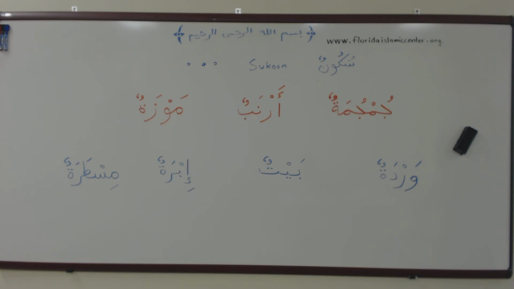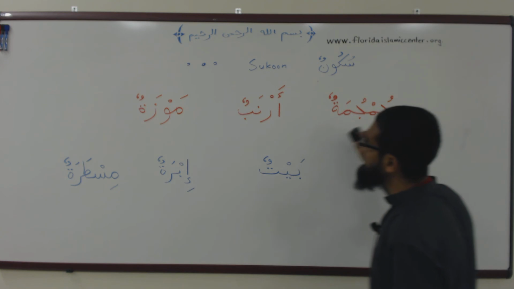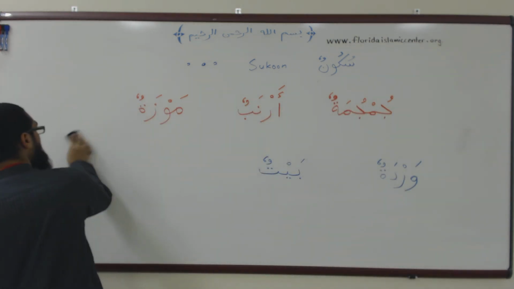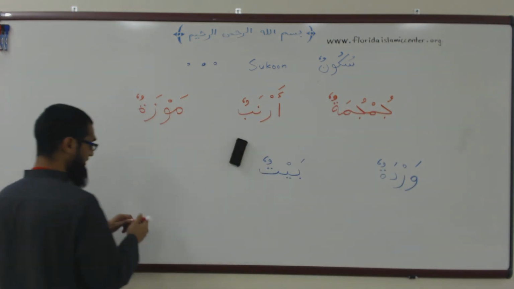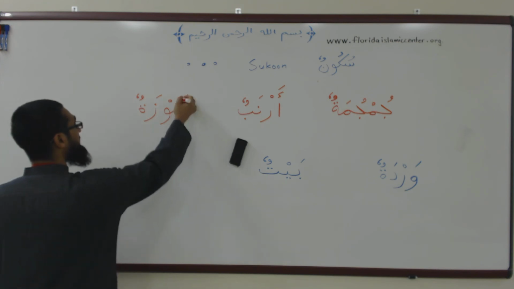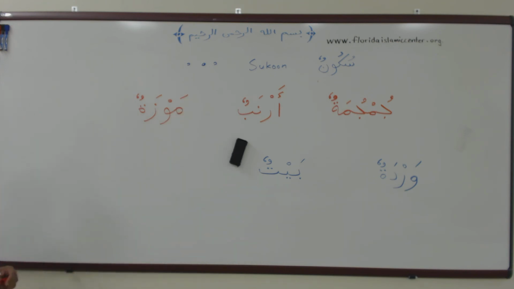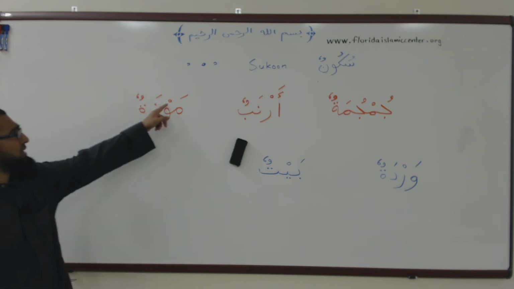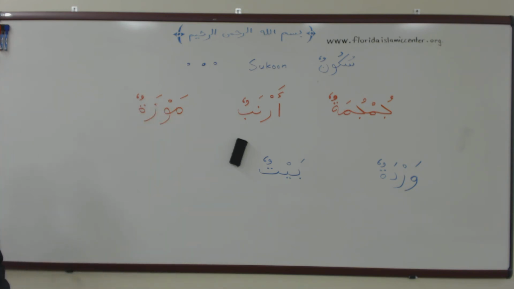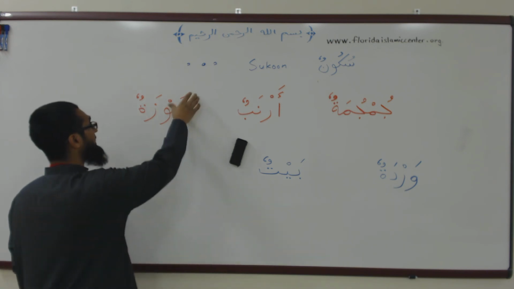Something I want to explain to you before you go. Notice, let's take the word mawzatun, for instance. Mawzatun. Look at how it's written. Remember I said that sometimes you write the sukoon and sometimes it's not there. So you may see mawzatun written like this.